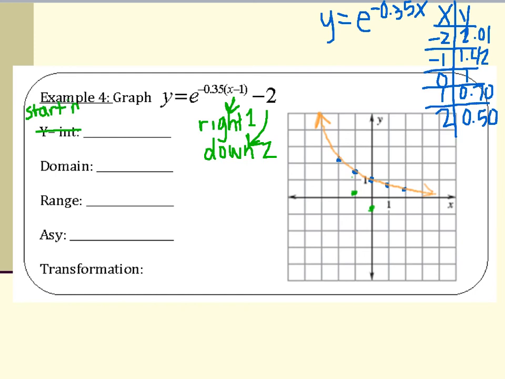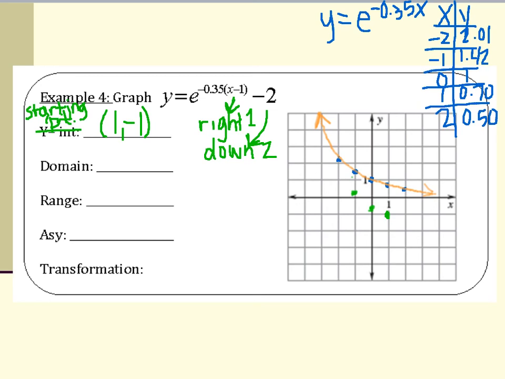And we want to be really careful and see where it moves to. I'm trying to write starting point up here. So this is our starting point. And our starting point goes right 1 and down 2, so it moves over here to 1, -1. So 1, -1 is right there. I'm going to fill that in as my starting point.